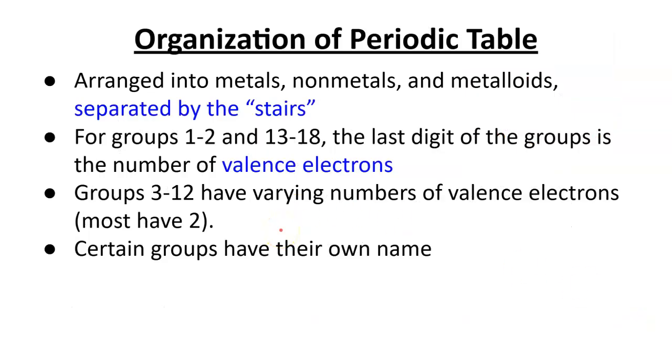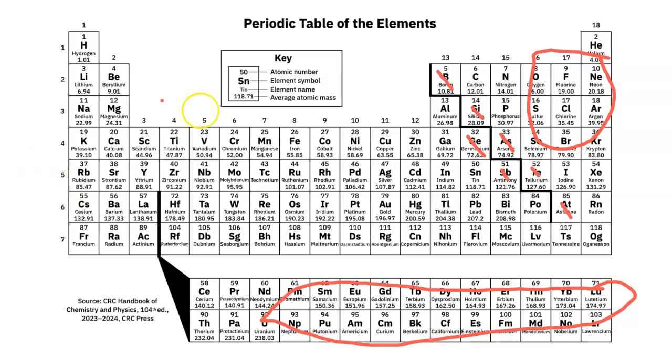What else is important about the periodic table? Well, the last digit of the group for groups 1 and 2, 13 through 18, is the number of electrons in that outer ring. For right now, let's not worry about this block or these elements down below. And let's focus in on groups 1, 2, and 13 through 18.